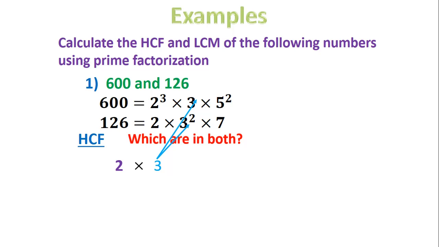We've got a 3 to the power of 1 in the 600, and in the 126 we've got 3 squared. Again, which is the least of the exponents, 1 or 2? And the answer is 1, and so it is just 3.